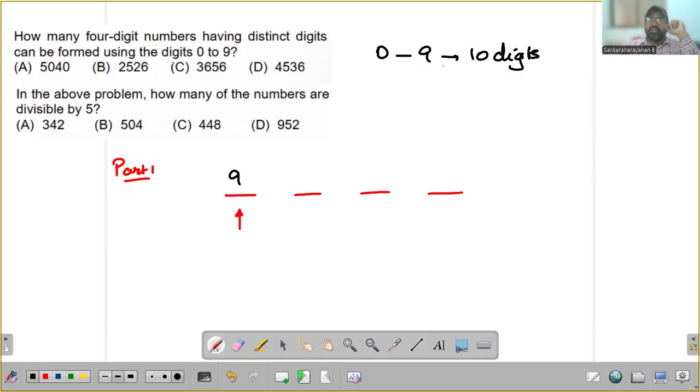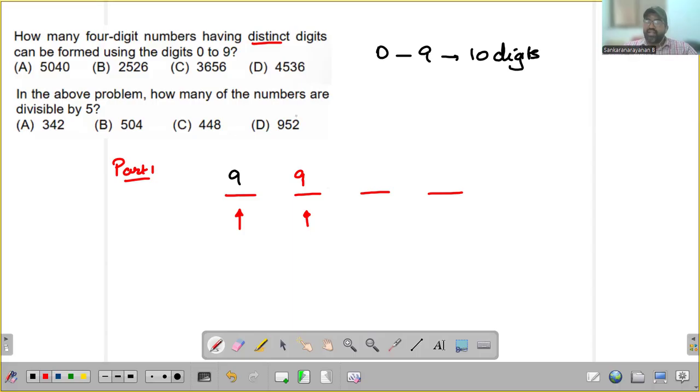When you consider the number of ways to take care of the hundreds position, I can again do that in 9 ways. You know why 9? Because 1 digit is used, but 0 is now coming back in. The digit which I have already used, I cannot use again, because they have mentioned distinct digits.